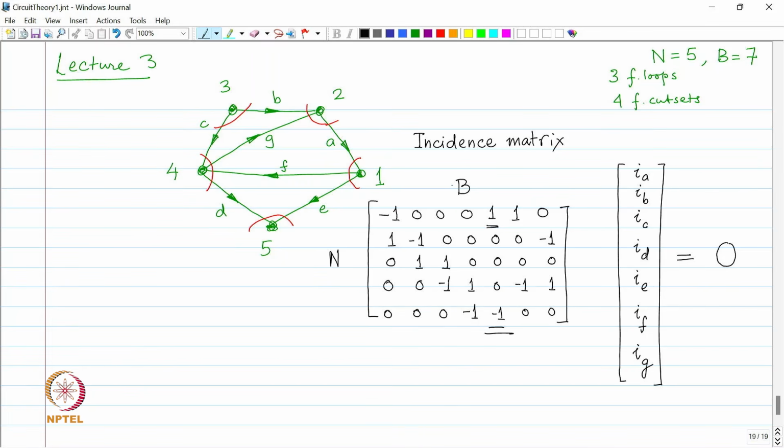Let us say I want to examine this column C. Okay. Let us examine the column for C. When is it plus 1, when is it minus 1, when is it 0?